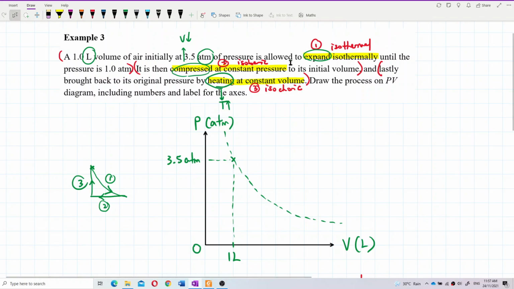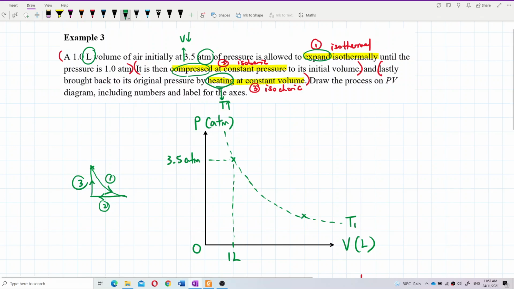Did he mention the temperature? No. Never mind, just put it as T1. Expand until maybe here, which should be acceptable. Expand until the pressure becomes 1 atmosphere. So the graph should go down. Oops, sorry, it should go down.